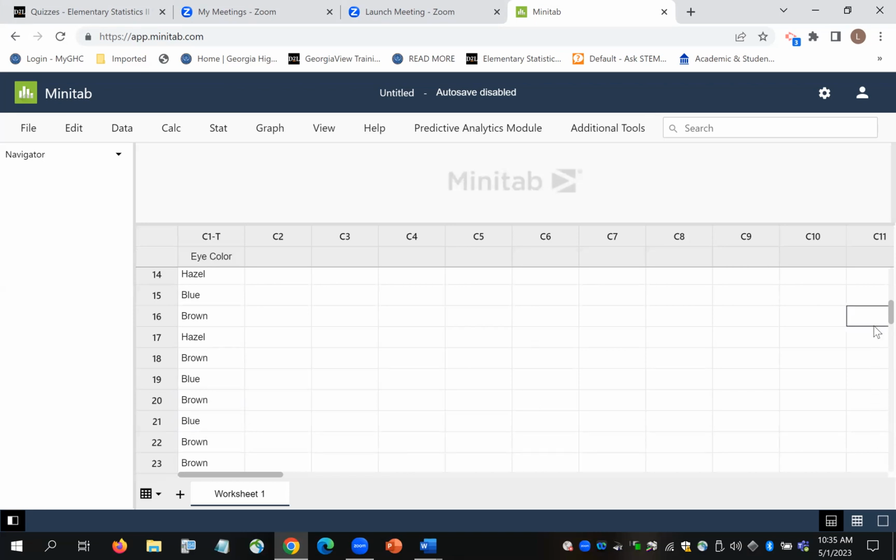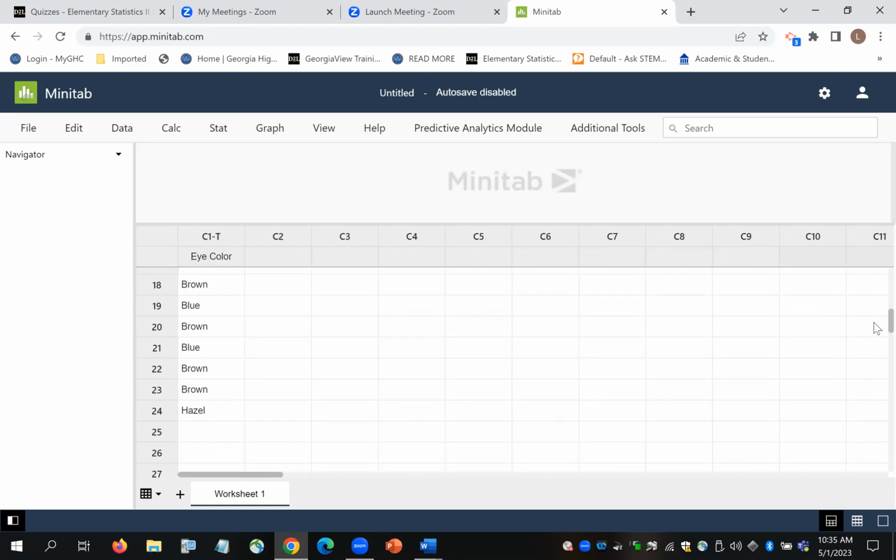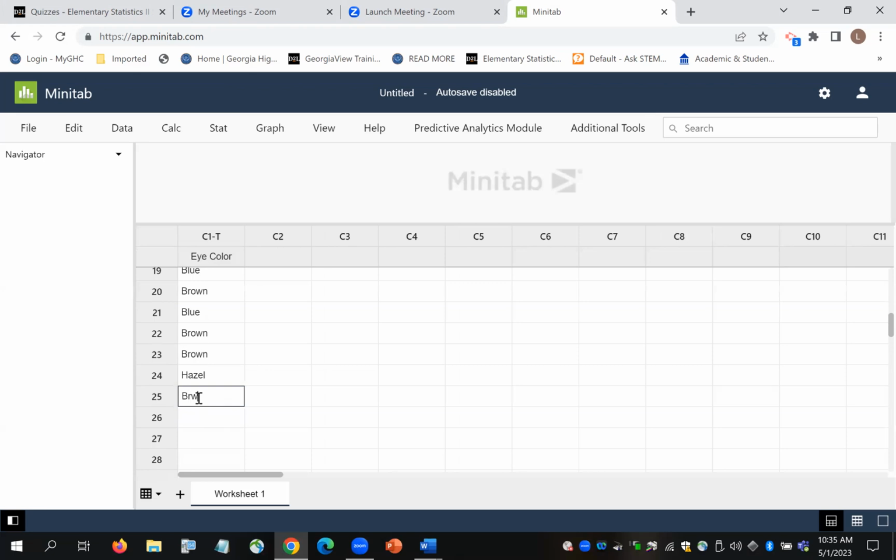And I believe I'm missing a brown. This is supposed to be 11 brown. I'm still missing one.